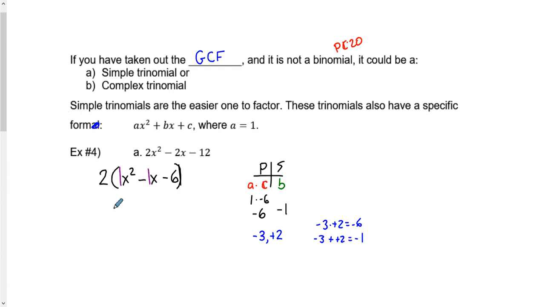With simple trinomials, it's really nice and easy. We make 2 sets of parentheses, and we literally just write x subtract 3, x add 2. Also, not forgetting that we did have that GCF. And that's fully factored.